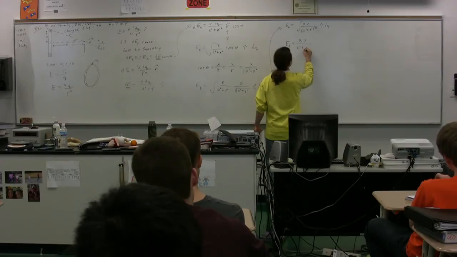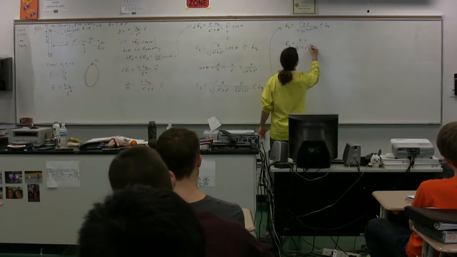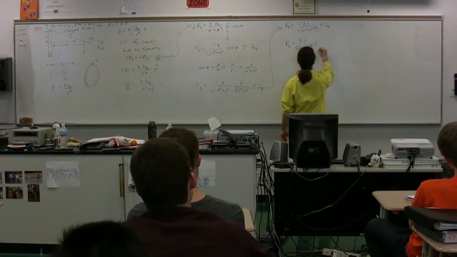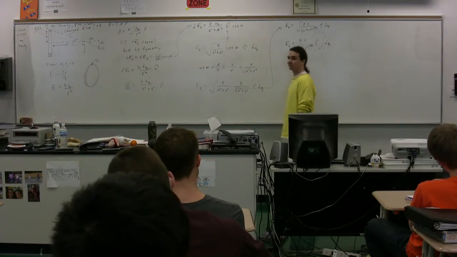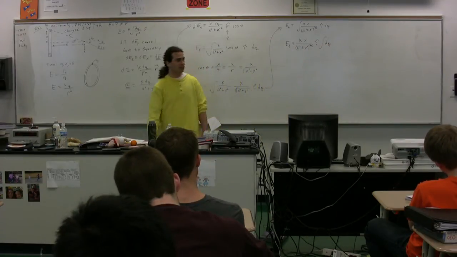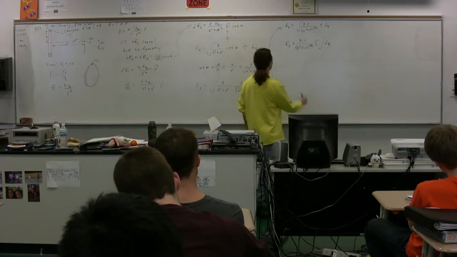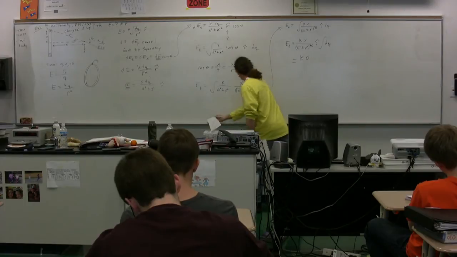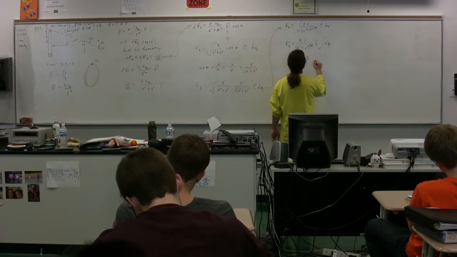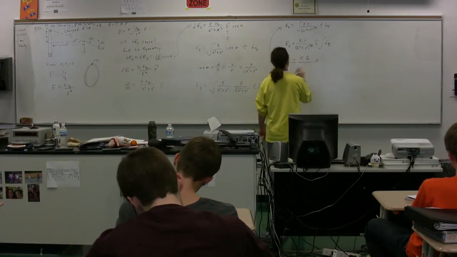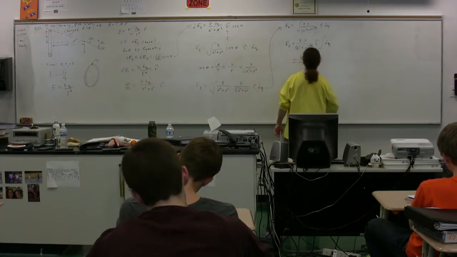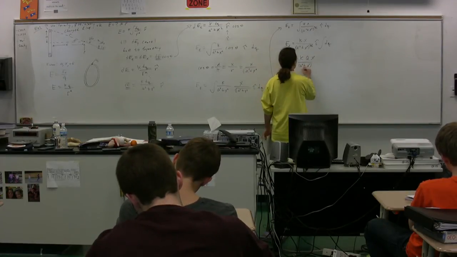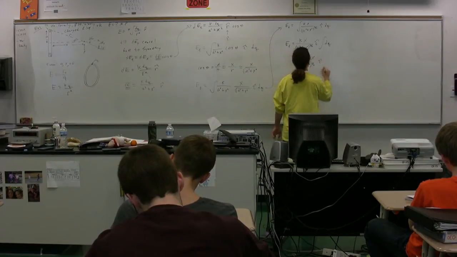So a squared plus x squared to the 3/2 power. What's the integral of dq, class? Q. So it ends up being equal to k times big Q times x all divided by a squared plus x squared to the 3/2 power in the I direction.